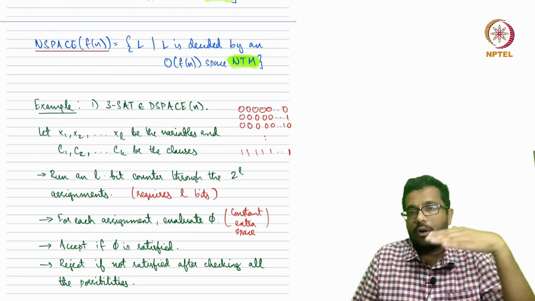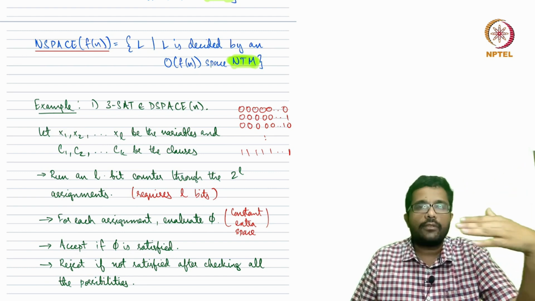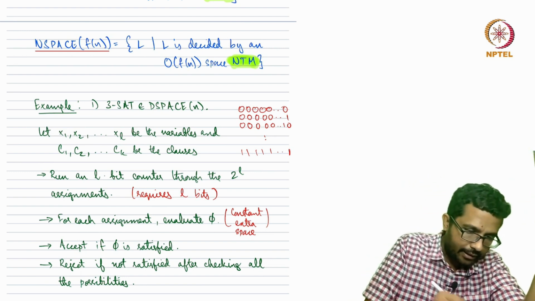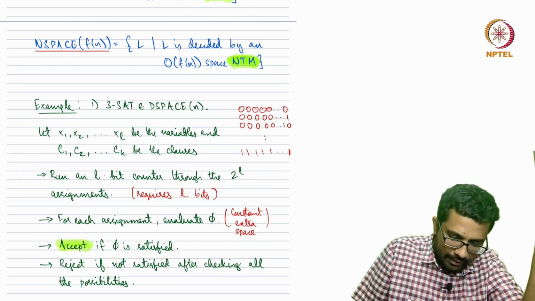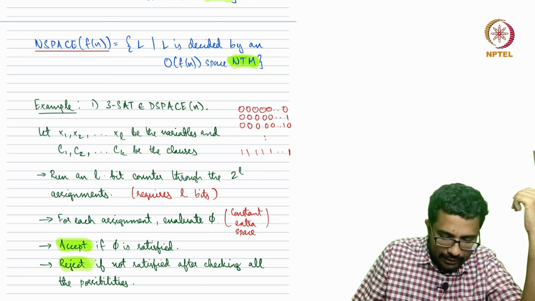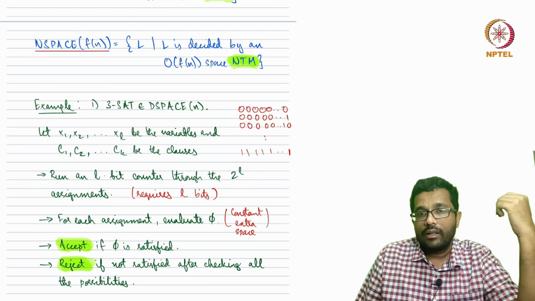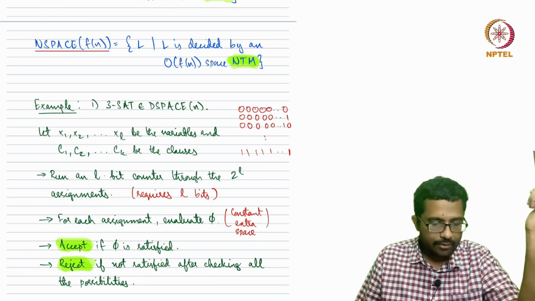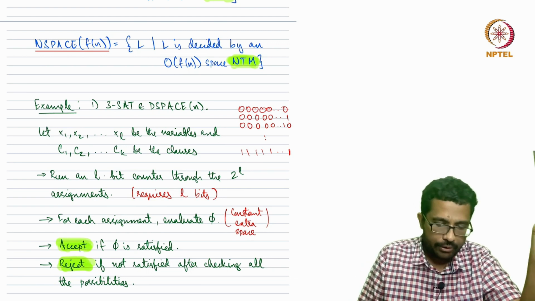If you cycle through all the assignments and none of them satisfy the formula, then we reject. So that is the accept and reject condition. We accept if there is some assignment that satisfies this. We reject if after cycling through all the assignments we don't find any that satisfies this. So it's a fairly straightforward approach.